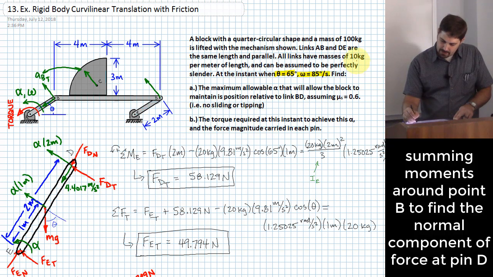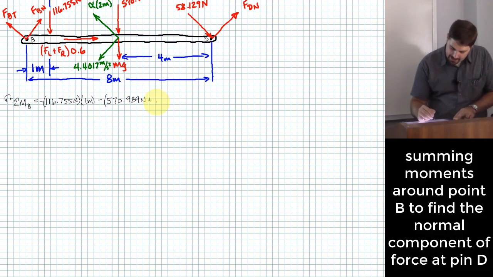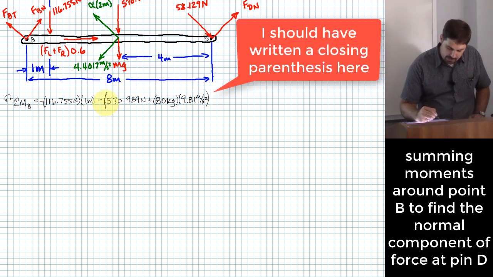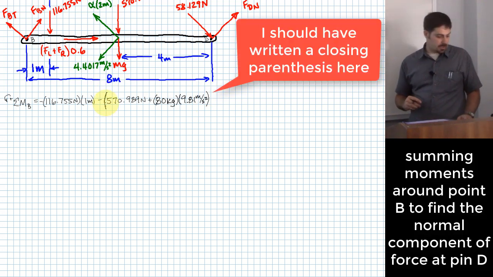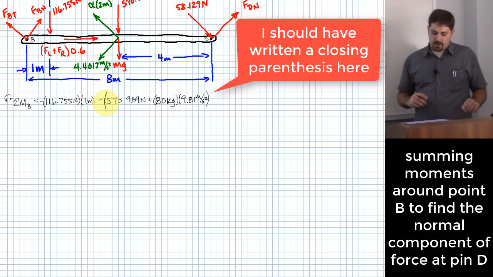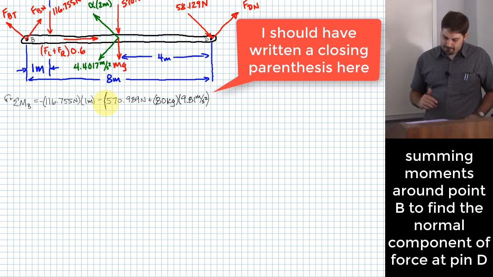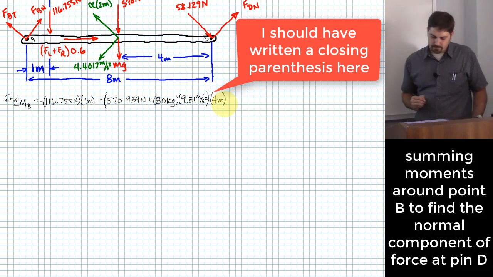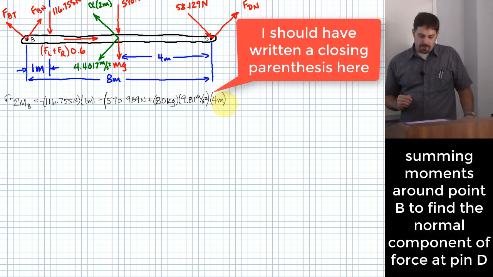Okay. Yeah, 10 kilograms per meter of length, 8 meters long, should be 80 kilograms, times 9.81 meter per second squared. I'm adding those forces together because they act in the same location in the same direction. All right, so I can just add them straight together. All right, and then I need to multiply them by what? 4 meters.